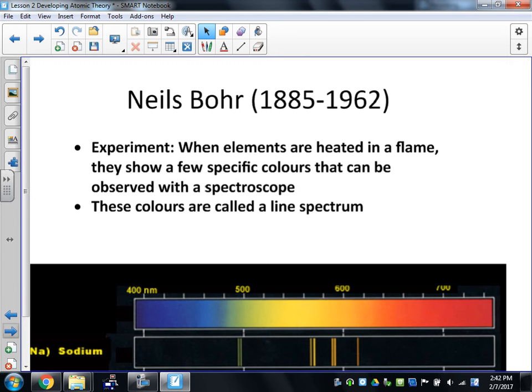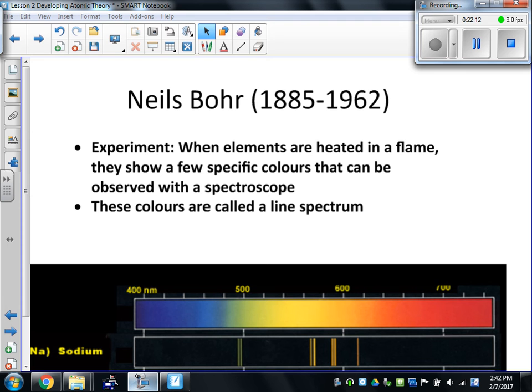These colors are called a line spectrum. So basically all I need to write down about the experiment is that he heated up elements in a flame, and they show specific colors when that happens.